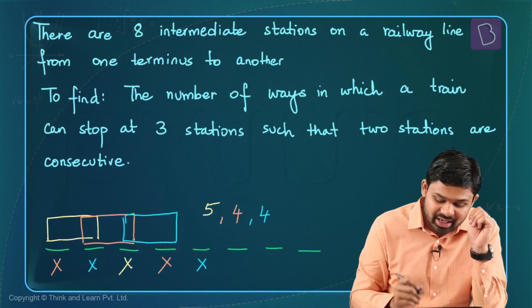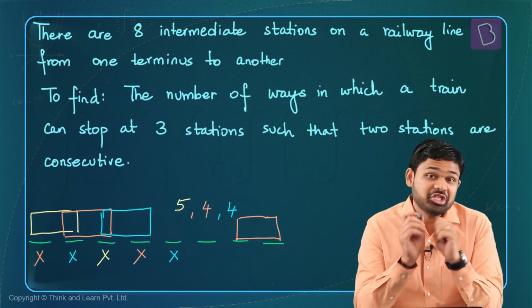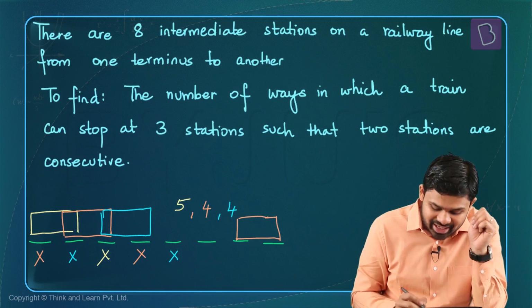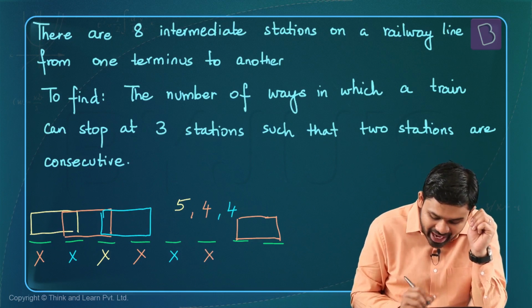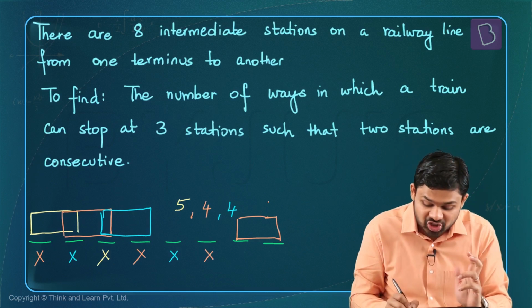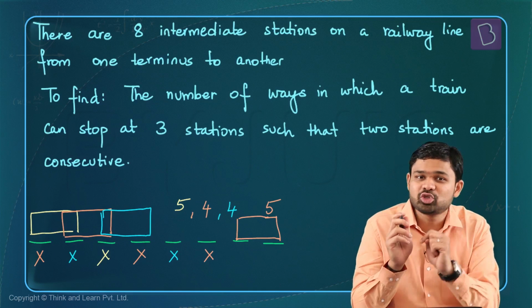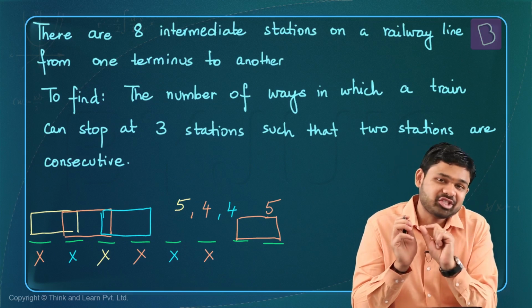But if you consider the final 2 stops as the stations where the train stops, then it cannot stop only at the 6th station, but it can stop at any of the other 5 stations. So there are 5 possibilities if the train chooses the last 2 stations as the pair where it stops.